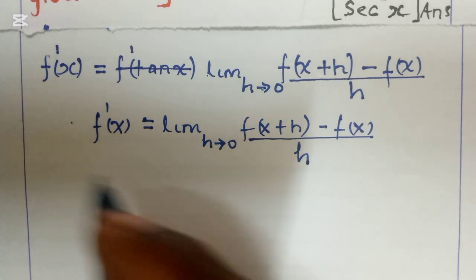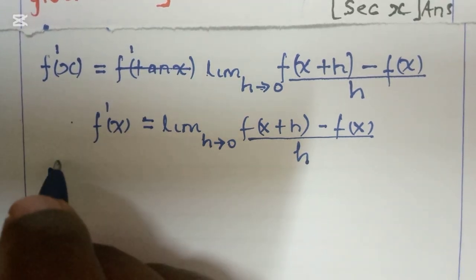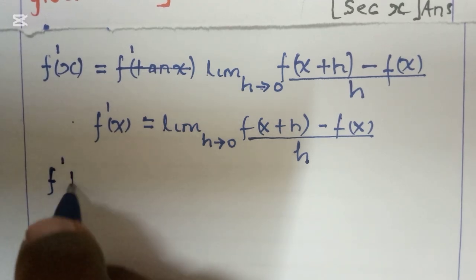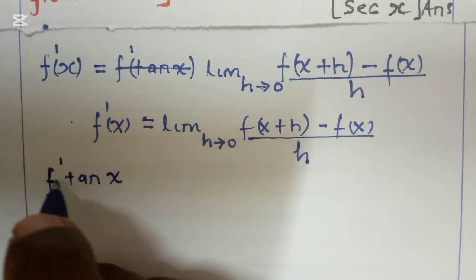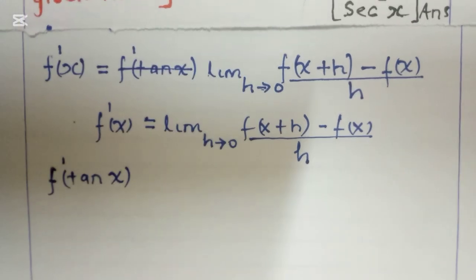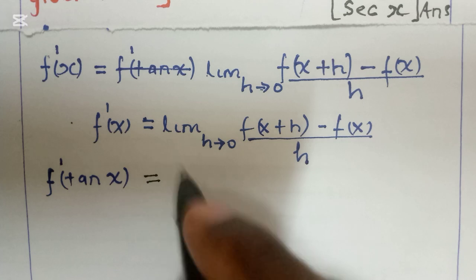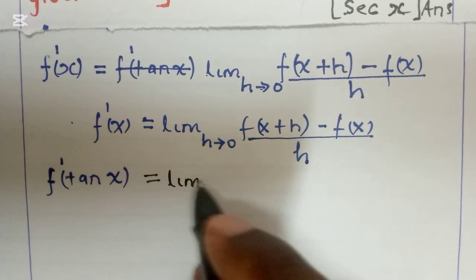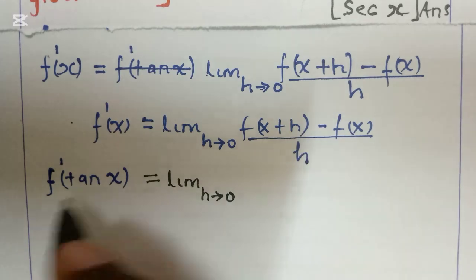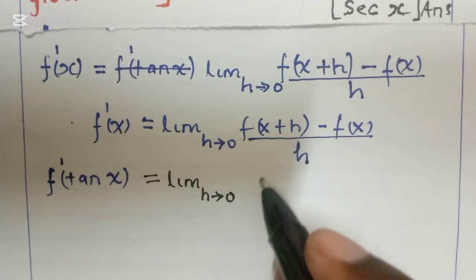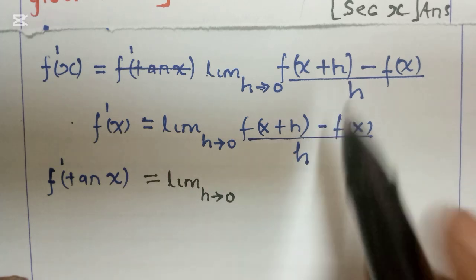And so guys, for tan, we can write f prime of tan x like that. This one now is going to be the limit as h tends to 0. Now we can write in terms of tan here. Instead of writing f, let's write in terms of tan.